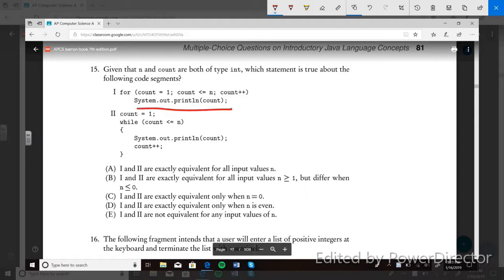And number 2 is doing essentially the same thing, but using a while loop. So you plug in your value for n, and count goes up till there, it uses increment over there, and it just prints out all the values. So the correct choice would be A, because they're doing the exact same thing for input value n.